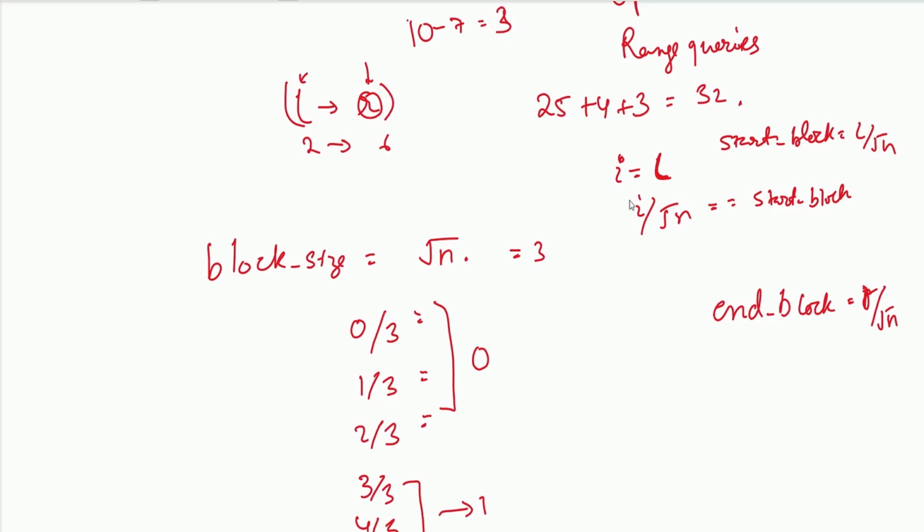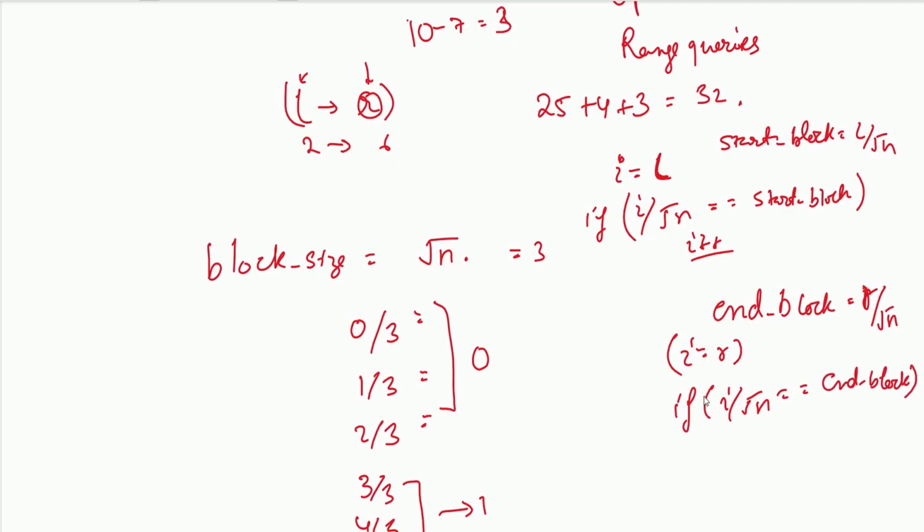If i is in the start block, we add it to the sum and do i plus plus. Similarly, we start from i equals R, and if i divided by root n equals the end block, we add it to the sum and do i minus minus.